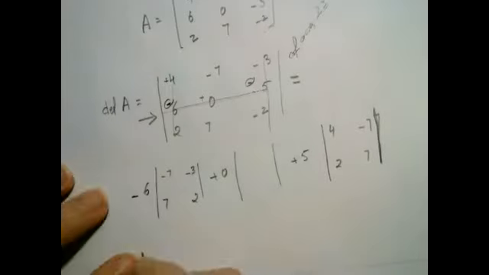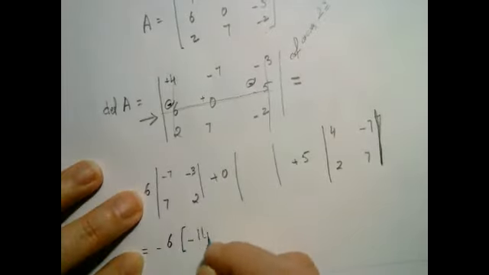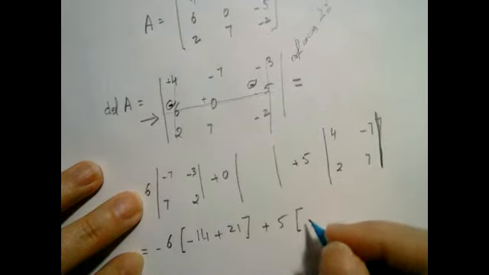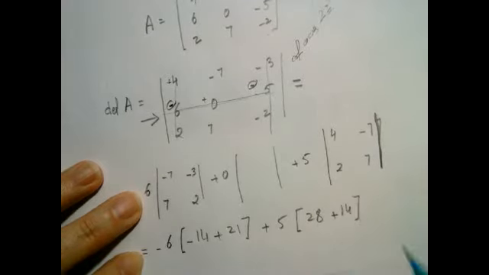Okay, so finally I'm going to get a number. So minus 6 times minus 14 plus 21, plus 5 times 28 plus 14.